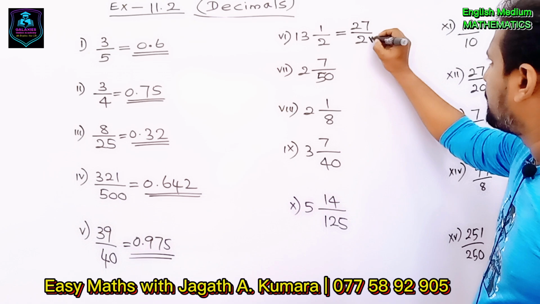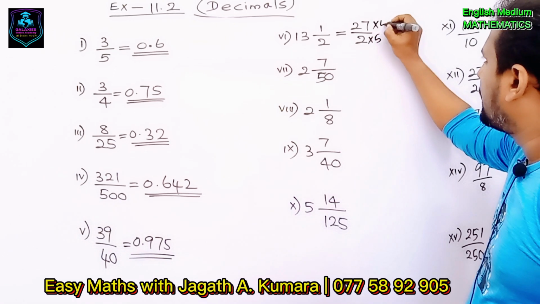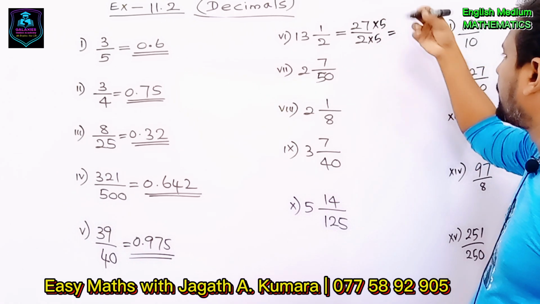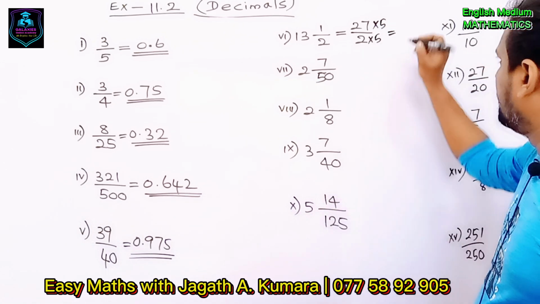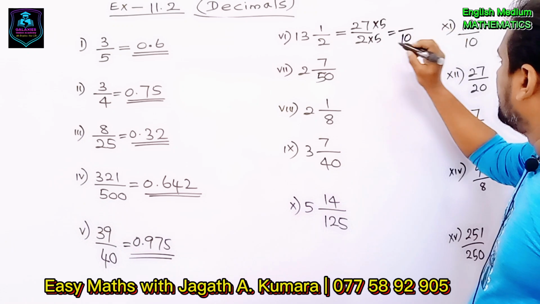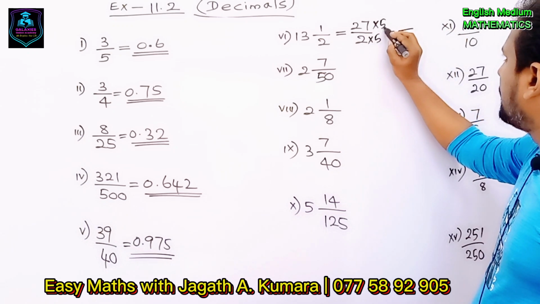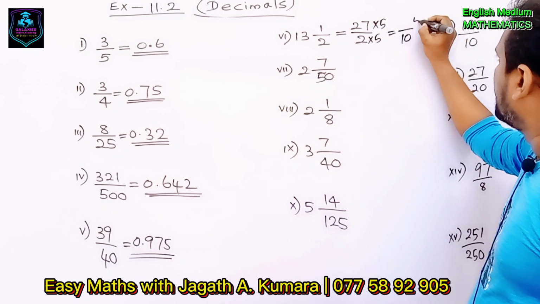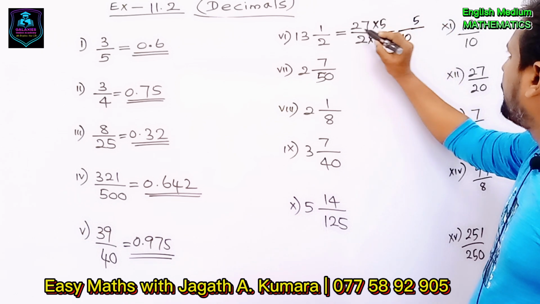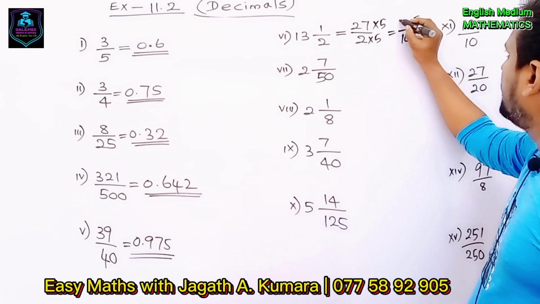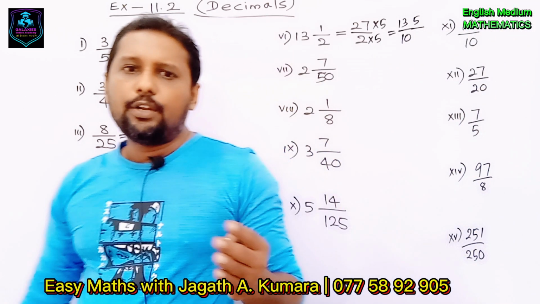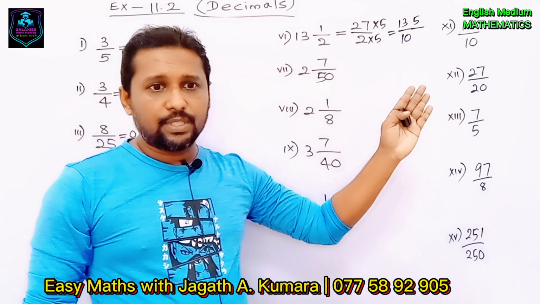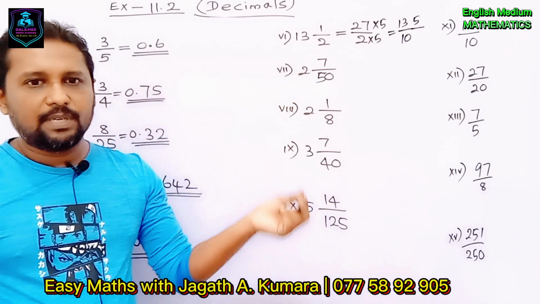Yes, it is possible. You can multiply both numerator and denominator by 5, then the denominator becomes 10. 27 multiplied by 5: 5 times 7, 35, remaining 3. 5 times 2, 10, 10 plus 3, 13. So if the denominator is 10, you have to keep one decimal place.